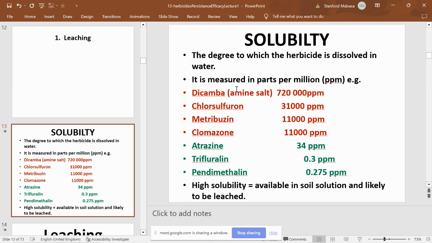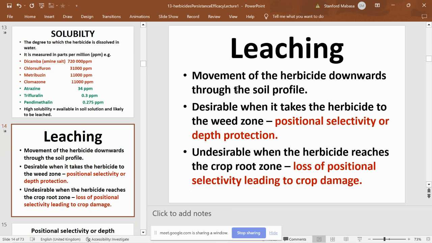But sometimes we want solubility because we want to leach the herbicide to the weed zone, preferably. But if leaching goes beyond the weed zone, then it may start killing our crop. If it goes beyond the crop depth, then it becomes pollution because it will reach the water table. So basically, leaching is the movement of the herbicide downwards through the soil profile.